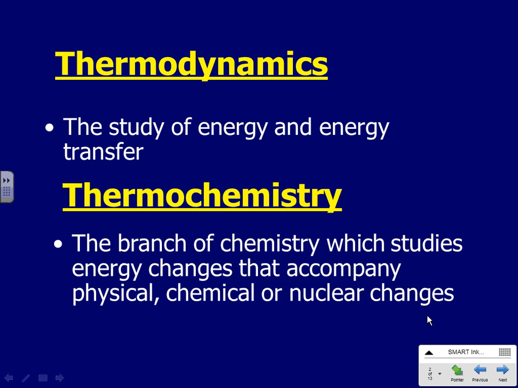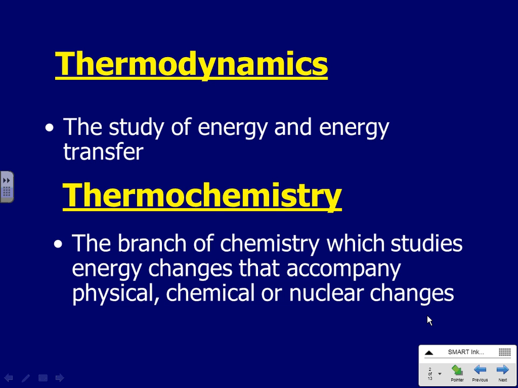Now, if we apply the laws and the ideas of heat energy transfer, which I'm going to teach you, to chemistry, and we then look at what's happening energetically in a chemical change or a physical change, and when I say physical change, I mean melting or boiling, or a nuclear change, because we can include those nuclear reactions.